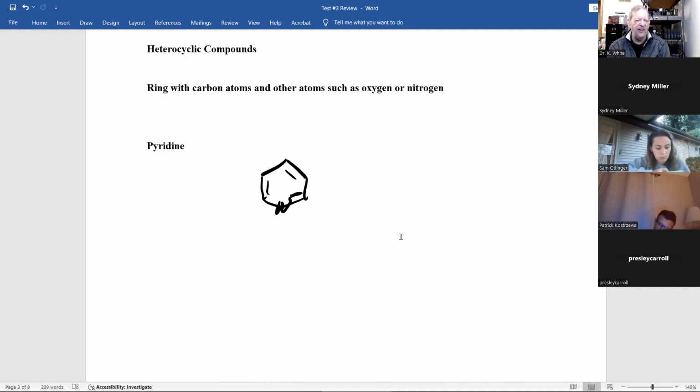That's a ring with carbon atoms and other atoms, such as oxygen or nitrogen. And then there's only one heterocyclic compound I want you to remember, and that's pyridine. A derivative of that that's made into a quaternary ammonium salt is in the mouthwash I use, like Scope, or I buy the Walmart equivalent at less than half the price. It's the same thing.